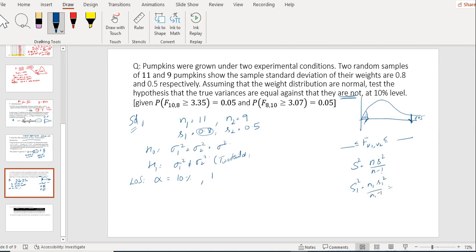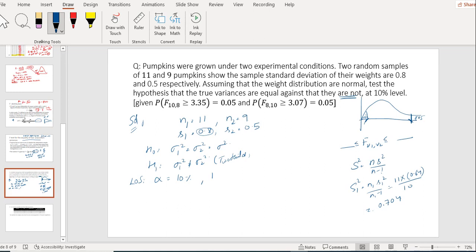So n1 is 11, s1 square is 0.64 upon 10. So its value is 0.704. This is the value of S1 square.